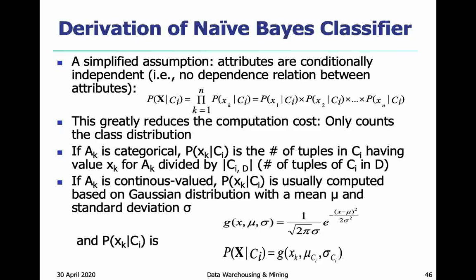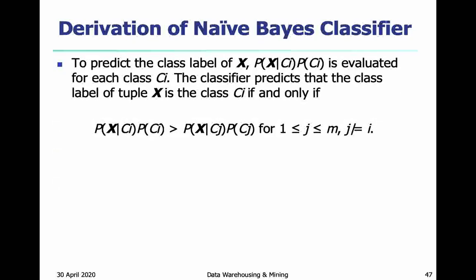So next, to predict the class level, you need to compute the value of this, and obviously you need to choose the maximum posterior probability.